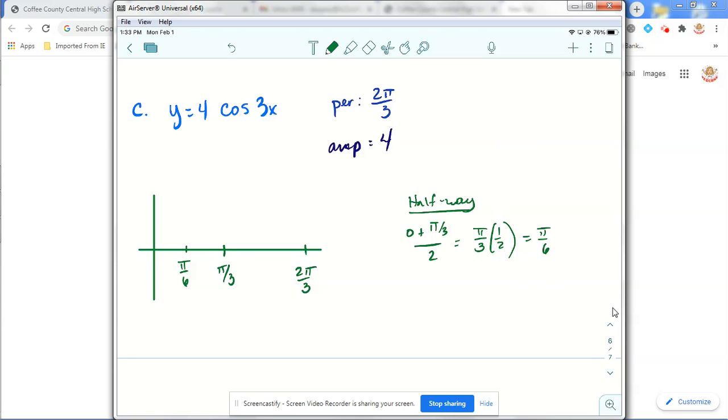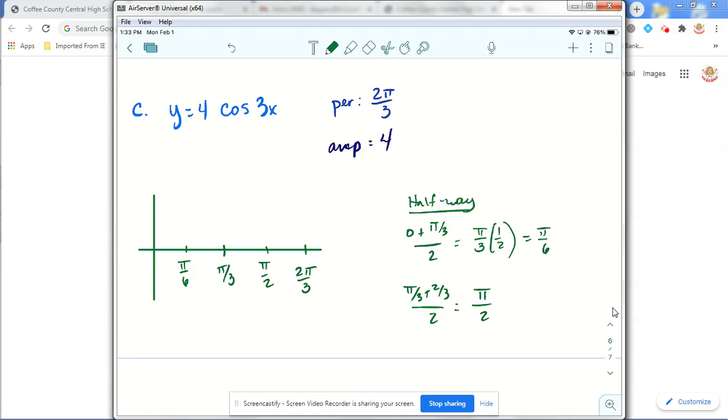And then here, these two, you would add them together. And you get pi over 3 plus 2 pi over 3 is 3 pi over 3, or pi over 2. Okay, so that is your x-axis.